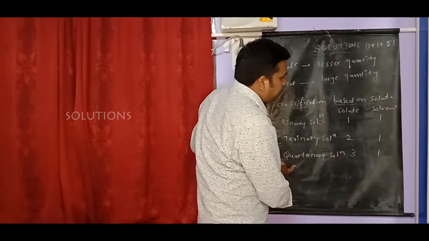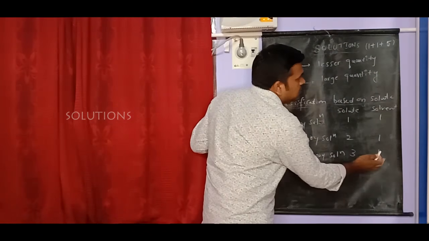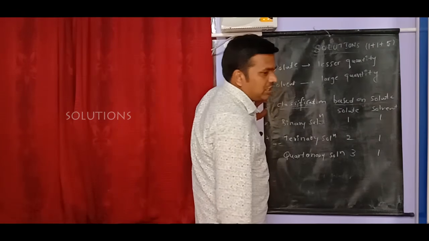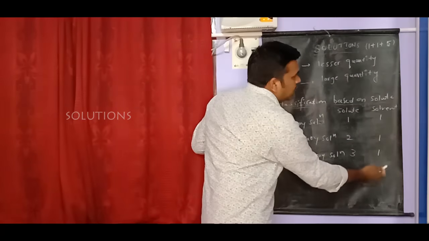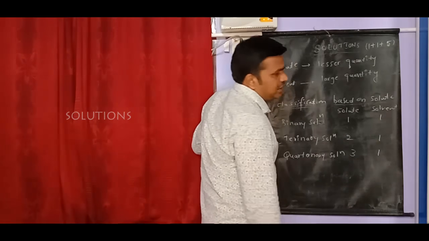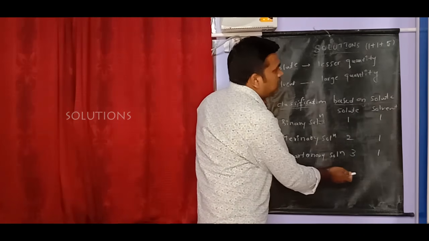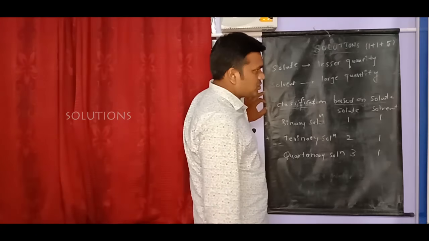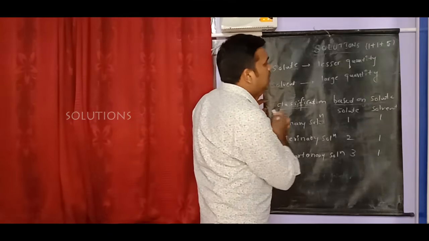A quaternary solution contains 3 solutes and 1 solvent. You can observe that the number of solvents is always 1 and the number of solutes may change. So this is the classification based on solute.